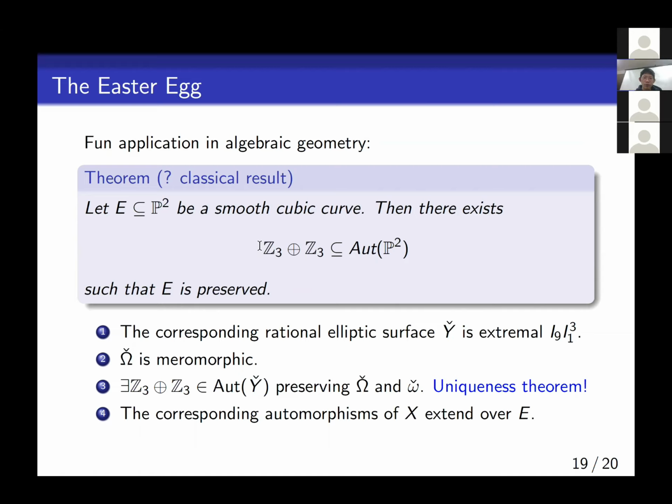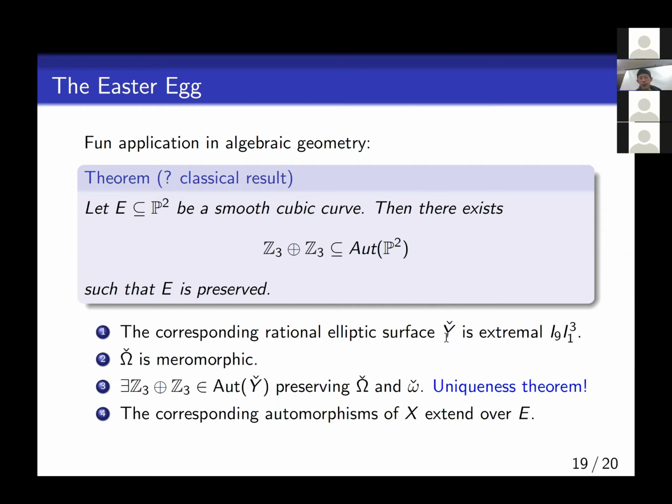The idea is as follows. On the complement of this smooth curve, which I'll call X, one can do a hyperkähler rotation. There exists a special Lagrangian fibration, and then we do a hyperkähler rotation and get X check. We know that X check can be compactified to a rational surface.